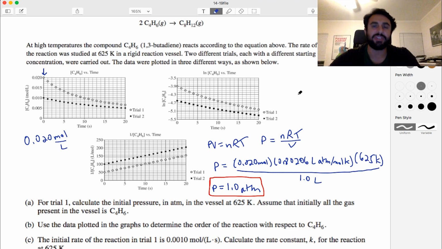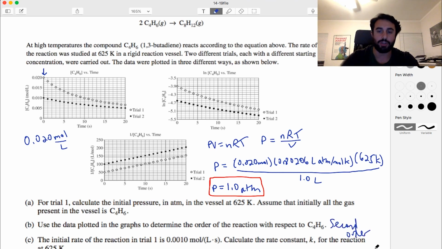This is the easy part if we remember that if concentration versus time gives a straight line plot, it's zero order. If natural log of concentration versus time gives a straight line plot, it's first order. And if inverse concentration versus time gives a straight line plot, it's second order. Here is the straight line plot, so it is second order.